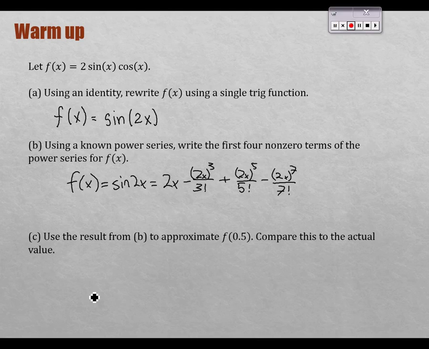Someday you'll like it. Can someone do C for us? Or at least tell me the two values, something? Yeah, you want to do it? How about 6?